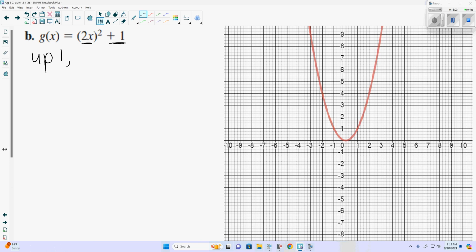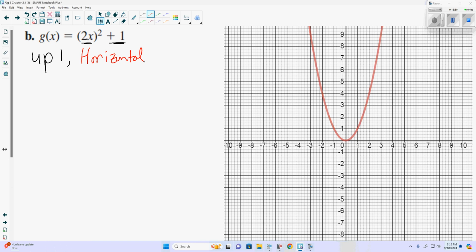The 2x, since it's positive, there is no reflection across the y-axis. But the 2 is in the place being multiplied in front of our x. Is the 2 being multiplied inside parentheses or outside? Inside. So since it's inside, it's talking about a horizontal stretch or shrink.